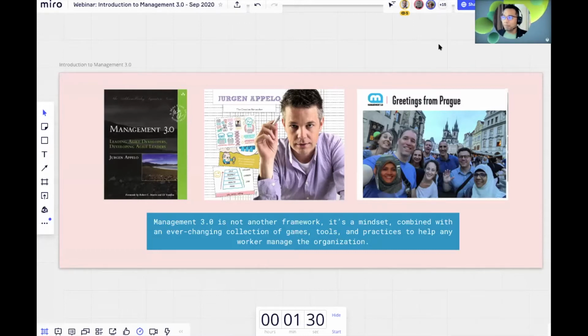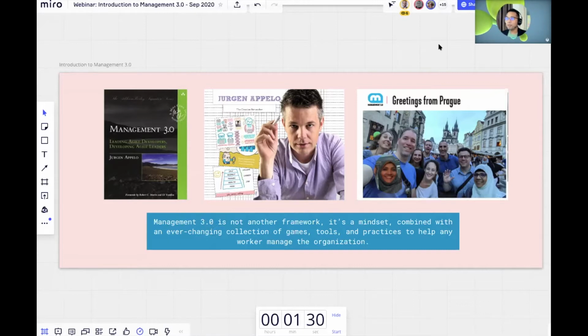Jürgen Appelo came from the world of agile. He was a scrum master. His work was, how do we create teams that come to work happy, feeling that they have a purpose to fulfill and deliver quality work, and at the same time being happy and healthy?